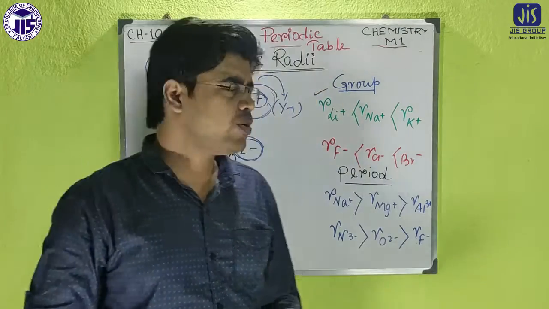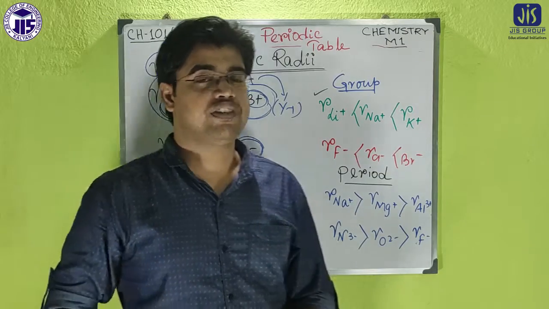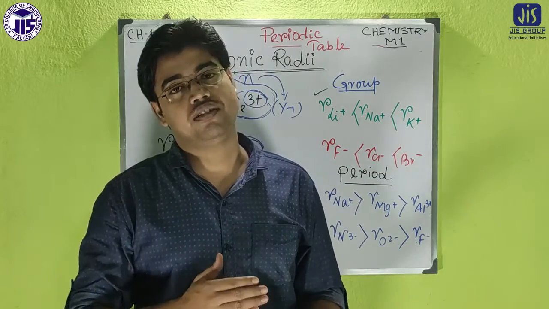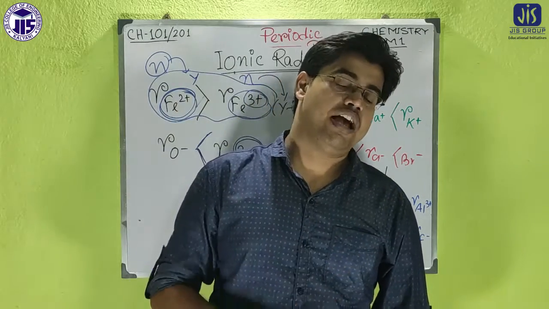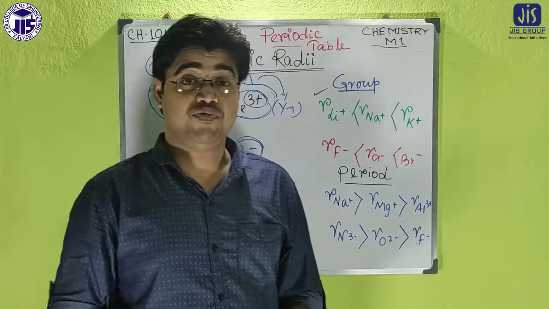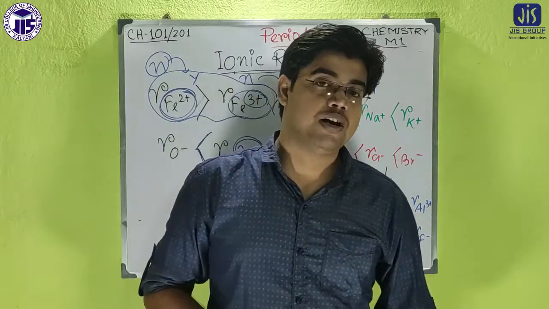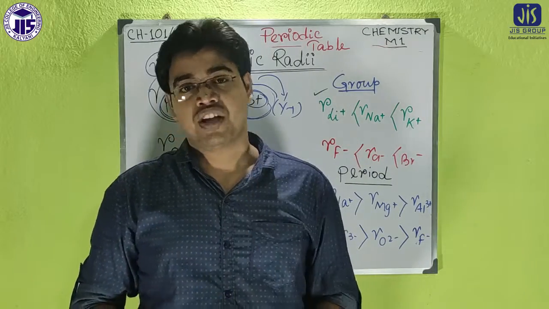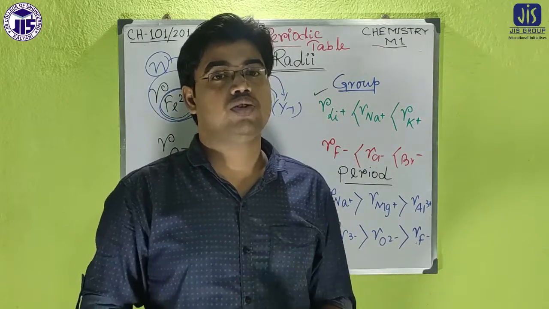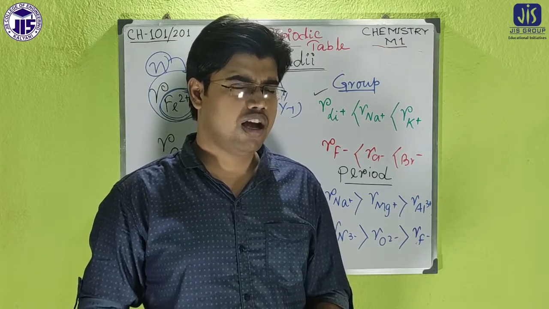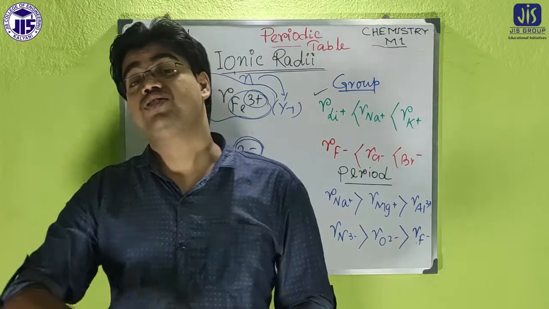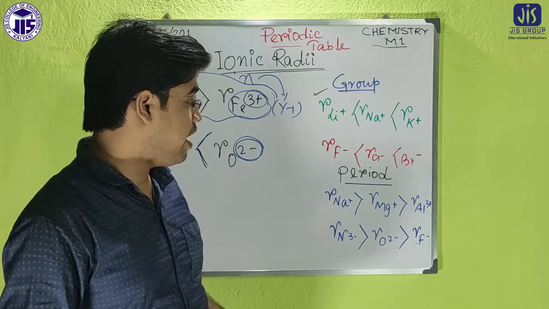But in case of the periodic trend, when we consider anionic or cationic size across a period, we have to keep in mind that the comparison should be among isoelectronic species, which have the same number of electrons.